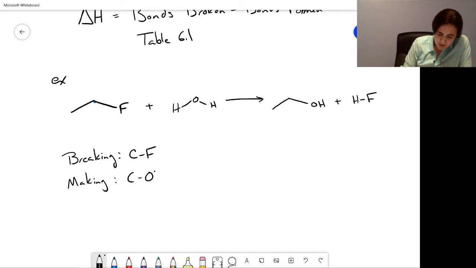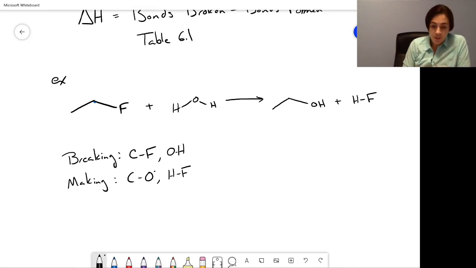You're making a CO bond. Now notice that we are also making an HF bond and breaking an OH bond. So those are the four energies we're going to need. We can get those from the book.